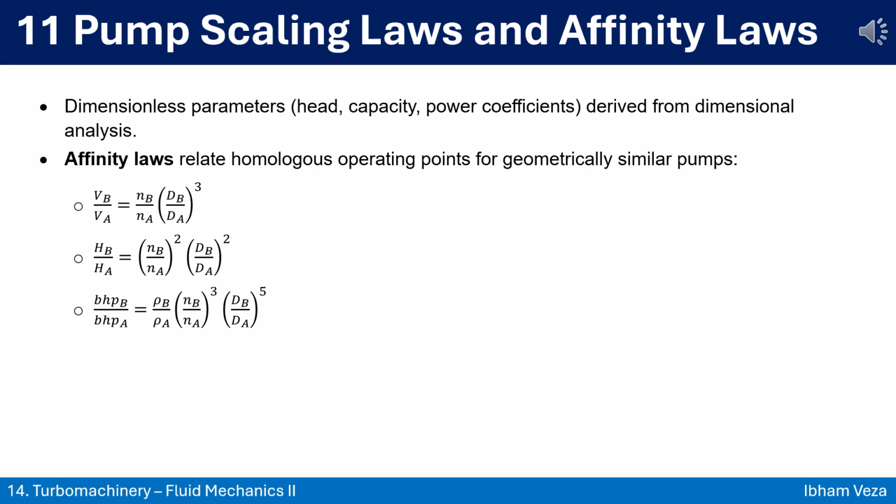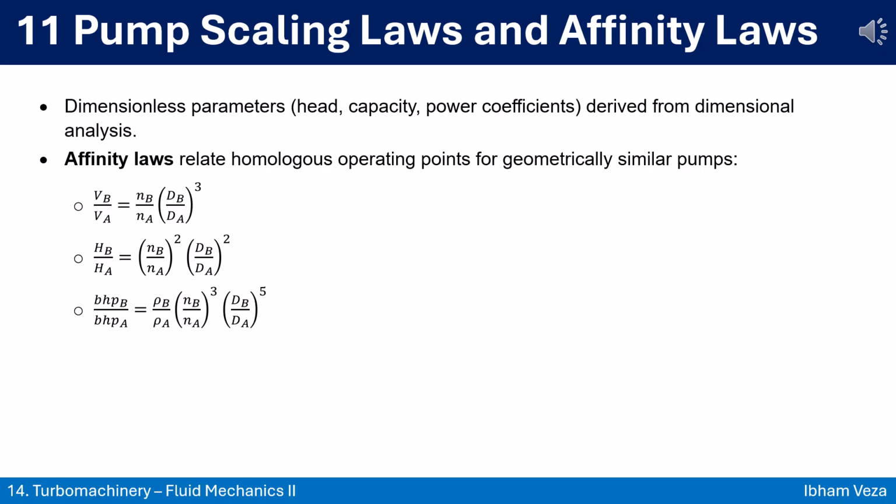For instance, the volumetric flow rate scales with the cube of the diameter ratio and the ratio of rotational speeds. The head developed by a pump varies with the square of both the diameter and the speed ratios. And power, the most sensitive parameter, scales with the fifth power of diameter ratio and the cube of the speed ratio adjusted by fluid density.